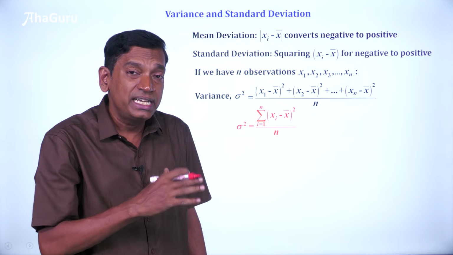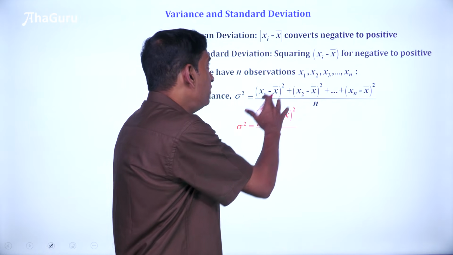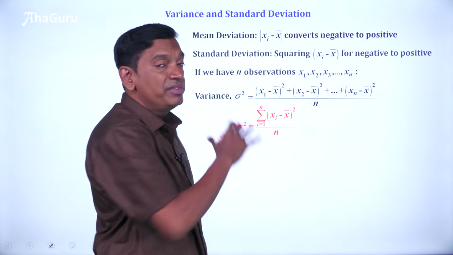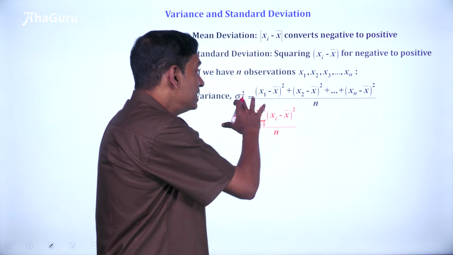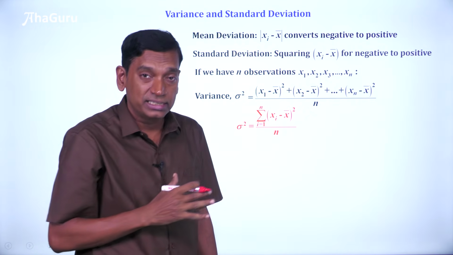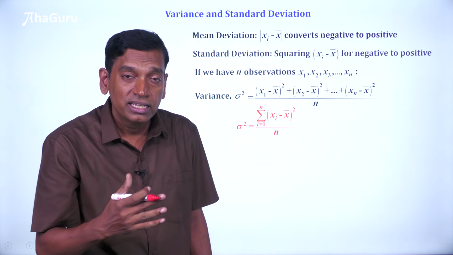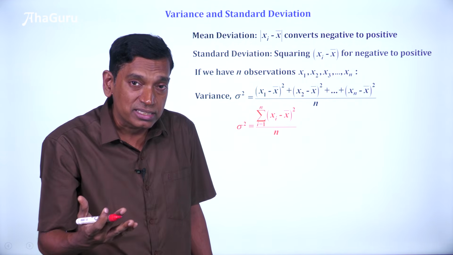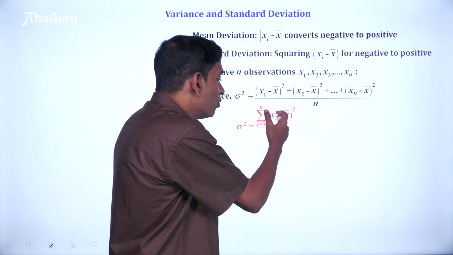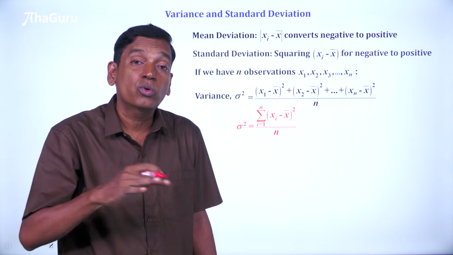Now, why did we define this separately from the mean deviation? Because this is the square of quantities. For example, if your observations are all heights, they will all be in centimeters. If you square, what you get is centimeter square.